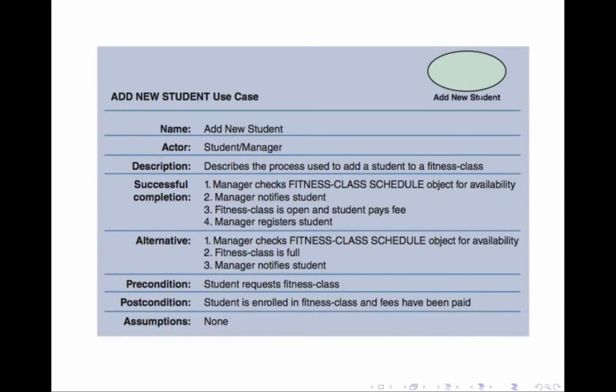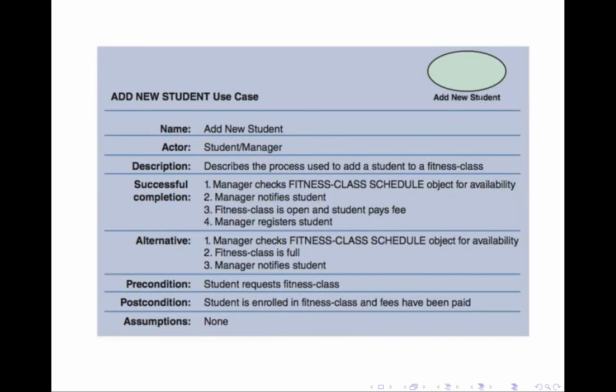Now, the other alternative is that there's no space for a student in a particular fitness class schedule. In that case, the outcome would be that the fitness class is full, and then the manager can notify the students, right?